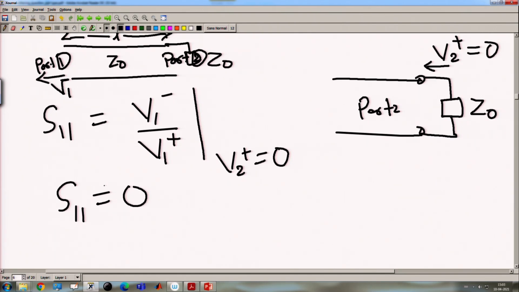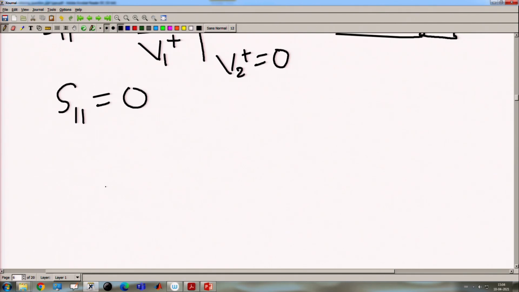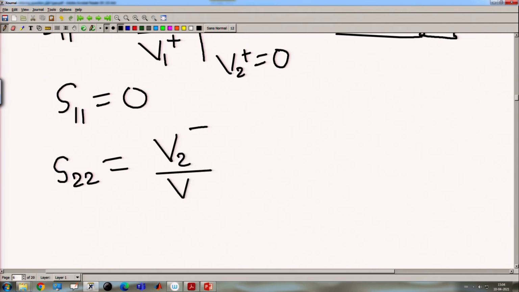Similarly, for S22, if port 1 is terminated, we can see the definition of S22. S22 is defined as V2 minus divided by V2 plus when V1 plus equals 0. V1 plus equal to 0 means port 1 is terminated with Z naught and there will be no reflection from port 1.